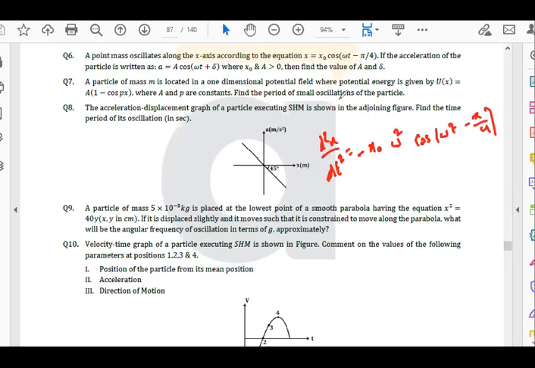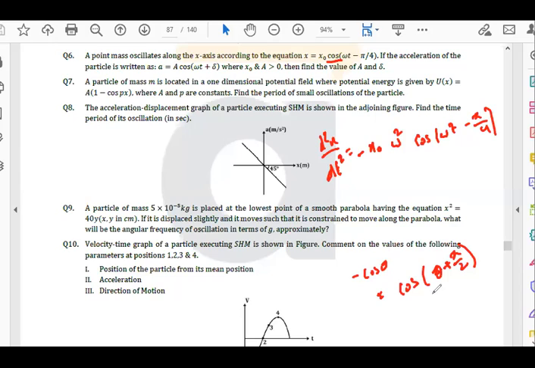But you have to make sure that the function is the same. Whenever you find the phase difference, the function is same. So here it is A cos omega t plus delta. Here it is negative, so you have to convert this negative into positive. I hope all of you know that minus cos theta is equal to what? Cos theta plus pi by 2.